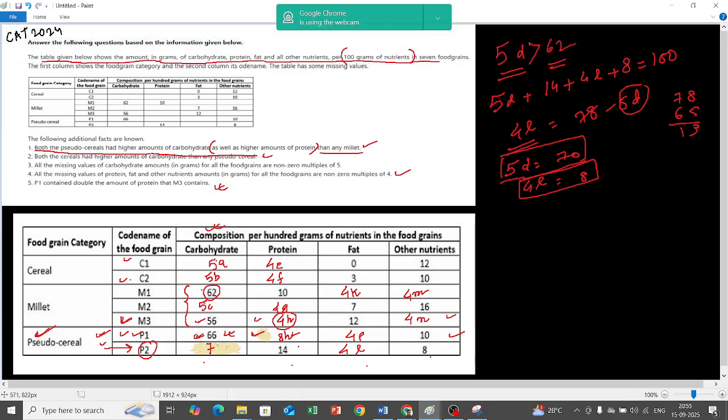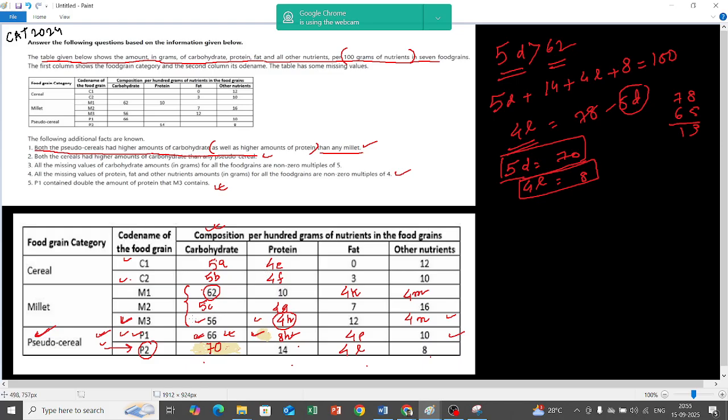So we got this 70, right? Now that same concept is applied on C1 and C2. It's given that both the cereals have higher amounts of carbohydrate than any of the pseudo cereal.